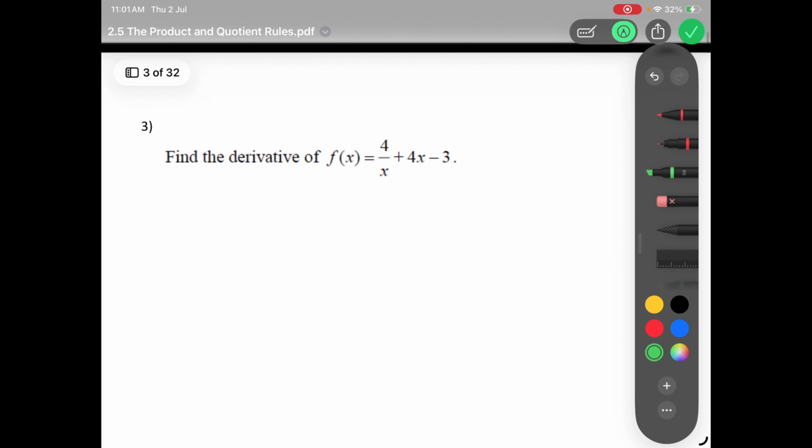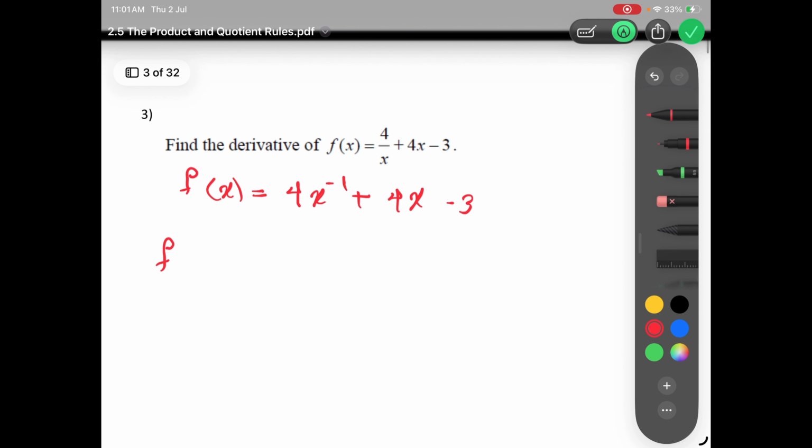So look at this here, guys. I have here 4 over x plus 4x minus 3. Again, we will start by rewriting 4 over x in power form. So f of x, this is not a derivative again, guys. F of x equals 4 x to the power of minus 1 plus 4x minus 3.